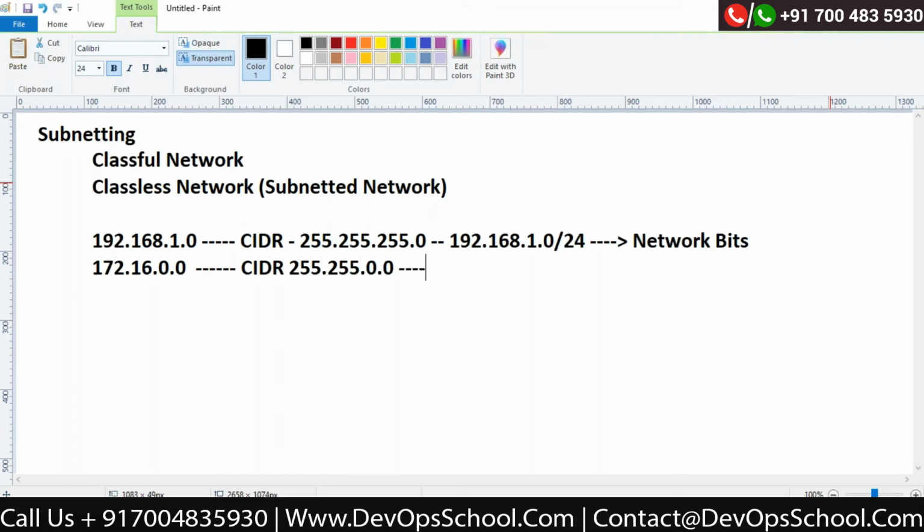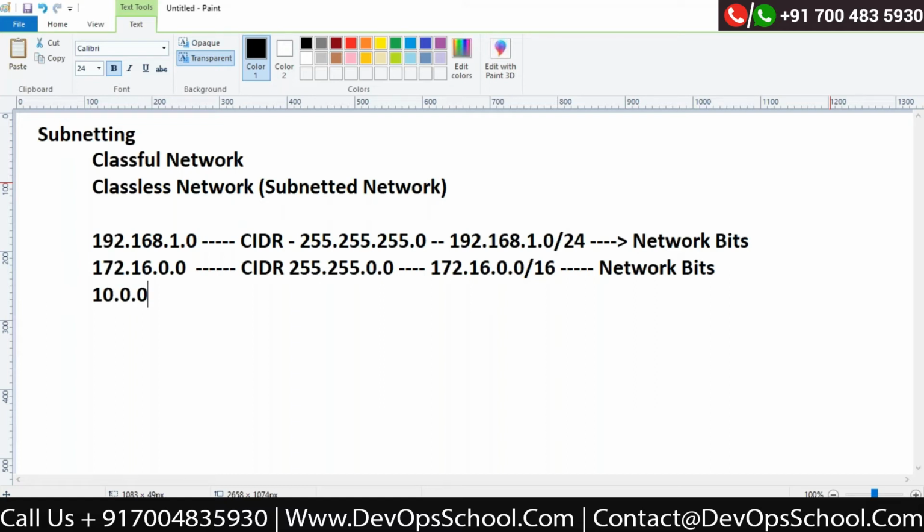Then how can I write it in the CIDR method? 172.16.0.0 slash 16. Once again, what is this 16? This 16 is nothing but my network bits.